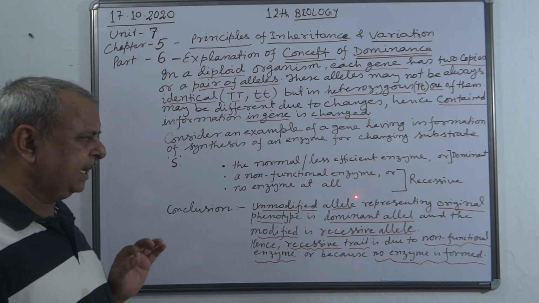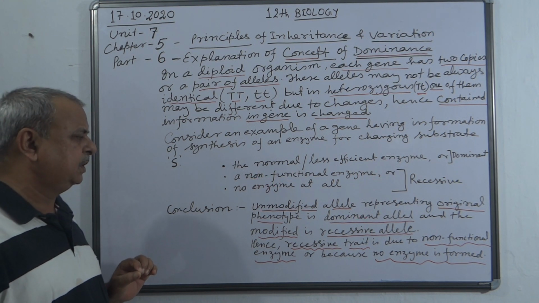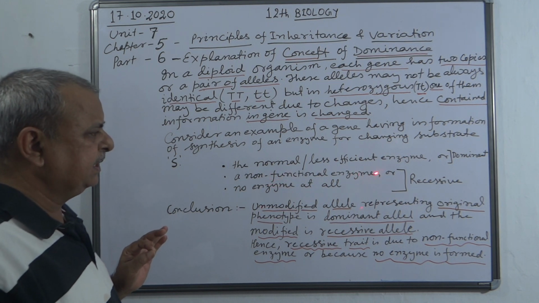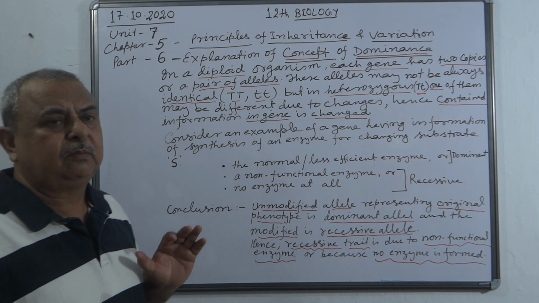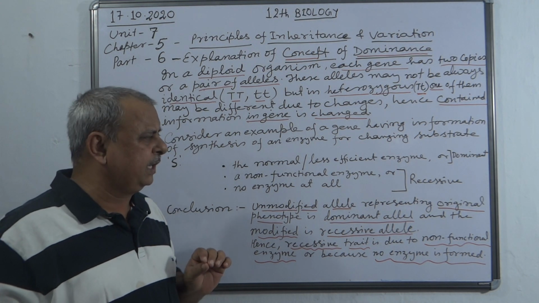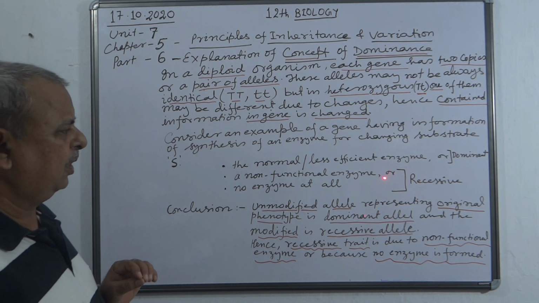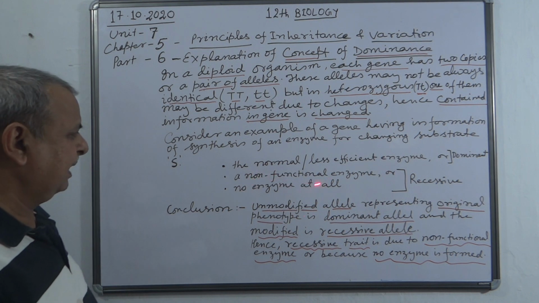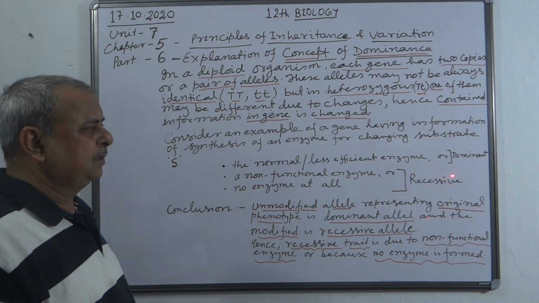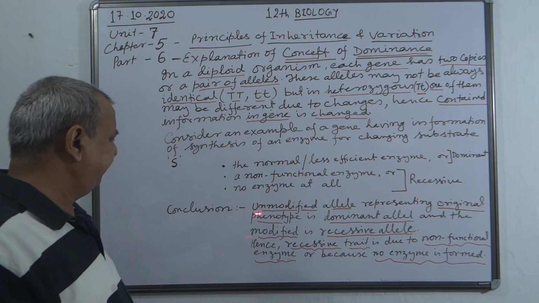But whenever there is a change, and a non-functional enzyme is formed or no enzyme is formed at all, in these two conditions the modification occurs in the gene or the phenotype, and such modified alleles, in both conditions, non-functional enzyme or no enzyme, are called recessive. So this is the concept of dominance and recessiveness.